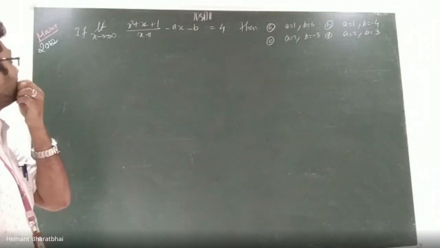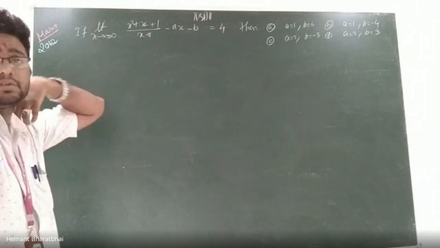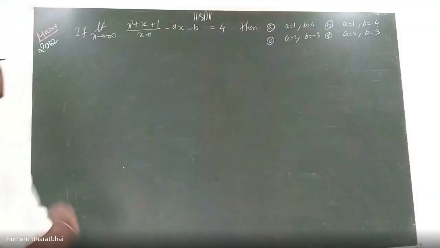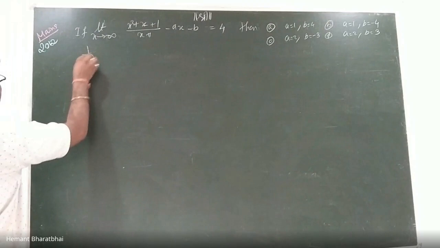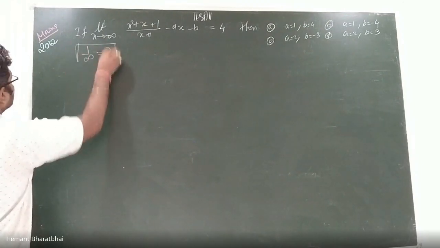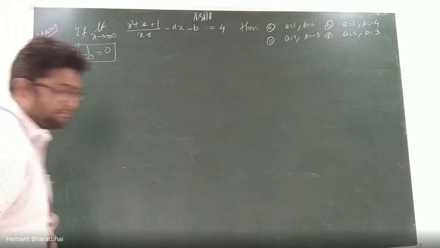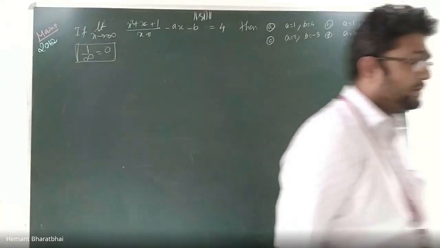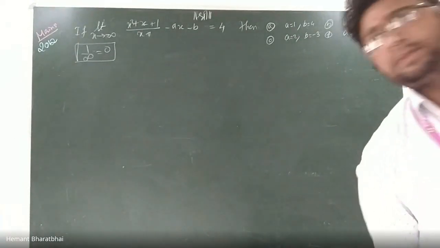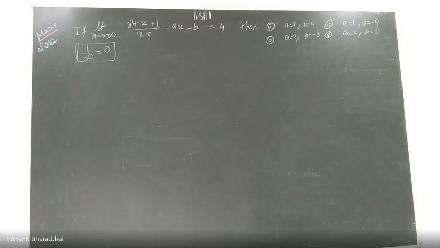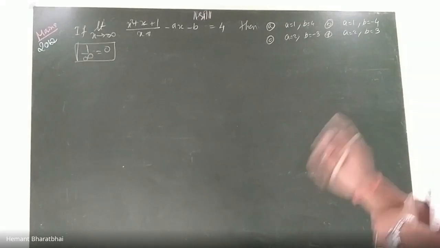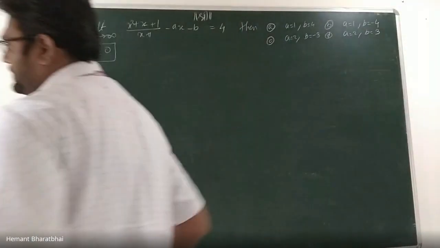So here it is x tends to infinity. If I substitute everything and get infinity, how to solve it numerically? The basic thing which should be in your mind is this concept: 1 by infinity is 0. Whenever you get any numerical where the limit is given as x tends to infinity, you'll always try to take x common, cancel out x, and always get the term 1 upon x, 1 upon x square, or 1 upon x cube, whatever it is.